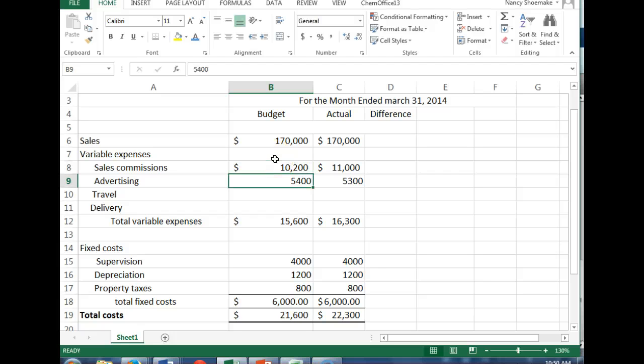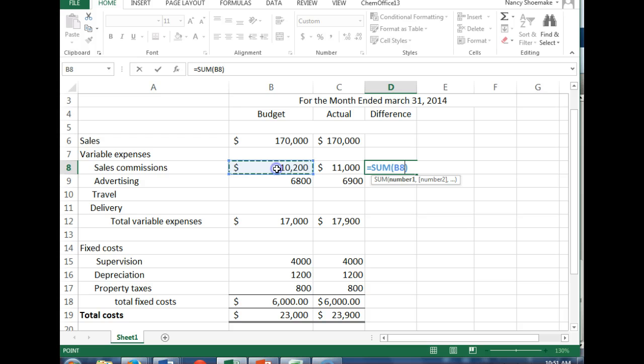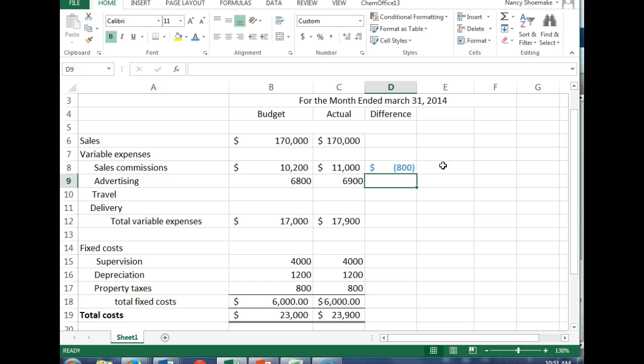And advertising came in at $6,900. What was budgeted? $6,800. The travel was budgeted at 5,100, it came in at 5,100. The delivery was budgeted at 3,400, the actual was 3,450.